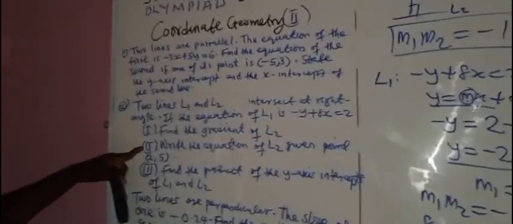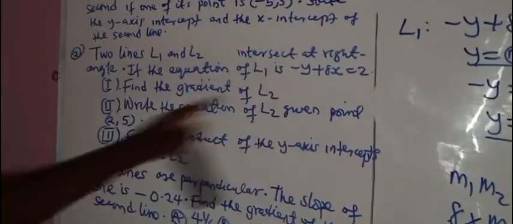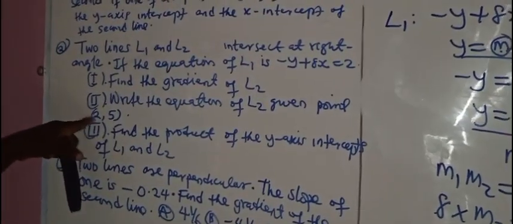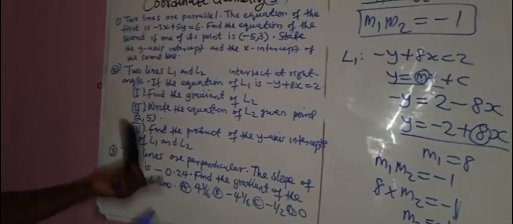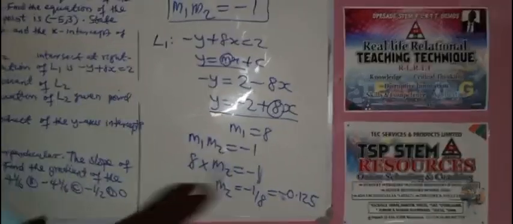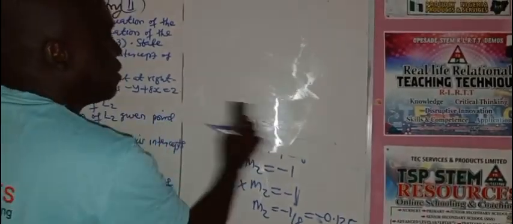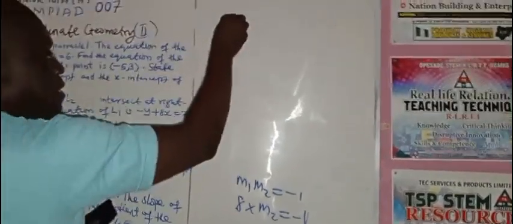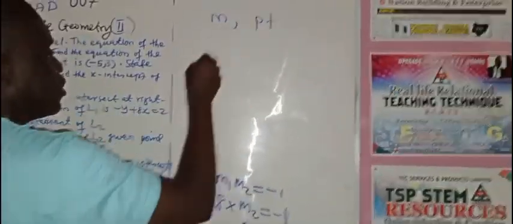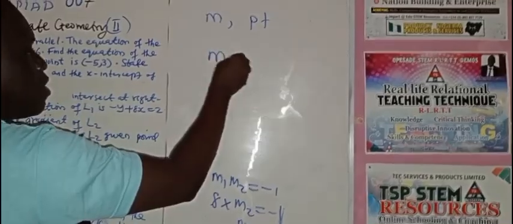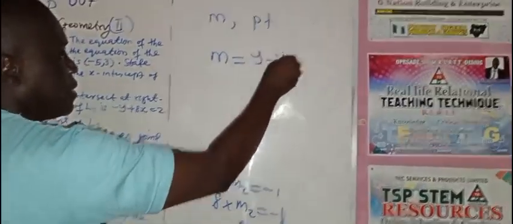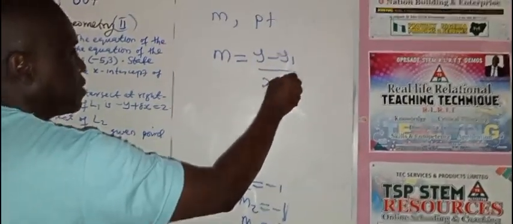Roman numeral 2. Write the equation of L2 giving one of the points to be 2, 5. Okay, now you know the gradient of L2 to be minus 1 over 8. So when you have a gradient and you have a point, you use this formula: m equals y minus y1 over x minus x1.